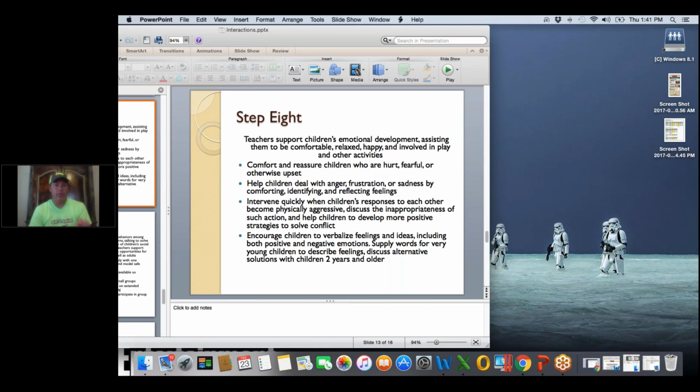So I'm not going to go too detailed into this one, but while we're communicating with children, we're reassuring them, especially when they're hurt, when they're fearful, when they're upset. We're communicating with the children and we're helping them deal with anger and frustration and sadness. And we're going to do that by comforting them, by identifying them, by reflecting their feelings, by acknowledging their feelings.